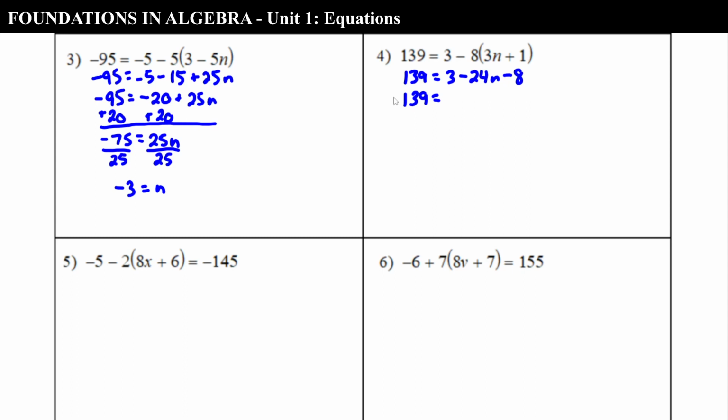So I still owe you $5. So we've got negative 24n minus 5. Okay, combining the 3 and the negative 8. We're going to add 5 to each side. That's going to give us 144 equals negative 24n. Divide each side by negative 24. And I believe we're going to get negative 6 as our answer.